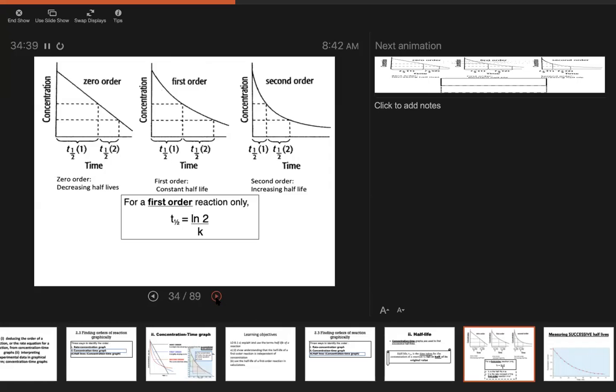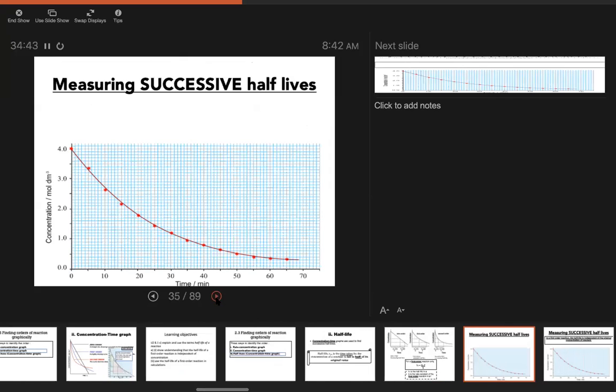Therefore, there is no formula that you can use. So I'll talk about this tomorrow. And tomorrow you will learn how to determine the half-lives from this graph. Okay, so that is the end of this session.